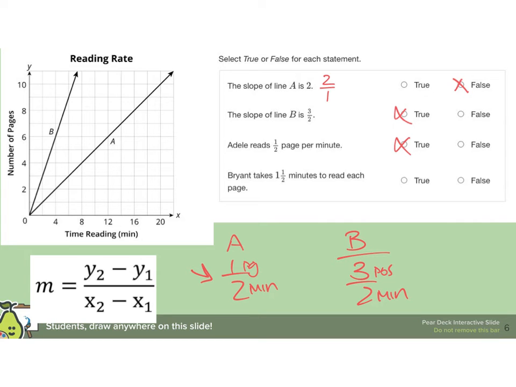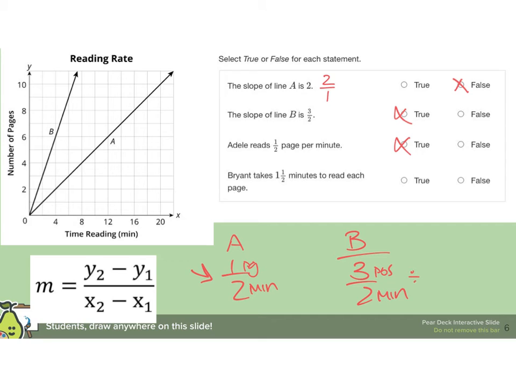Okay. I don't know the speed for 1 page. I know the speed for 3 pages. So if I want 1 page, then I need my denominator to be 1.